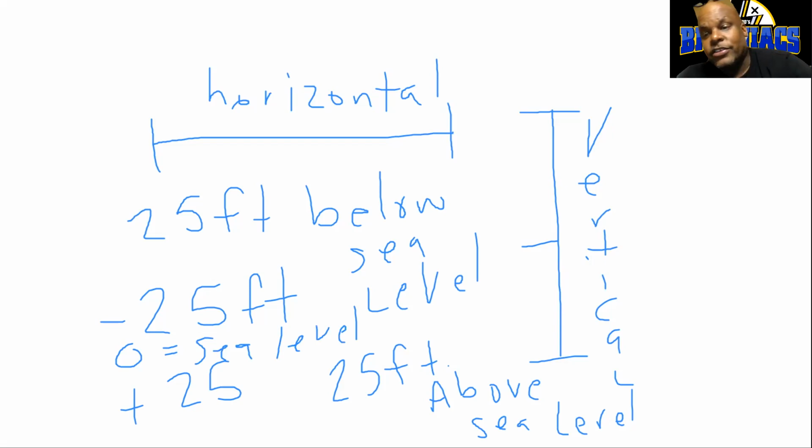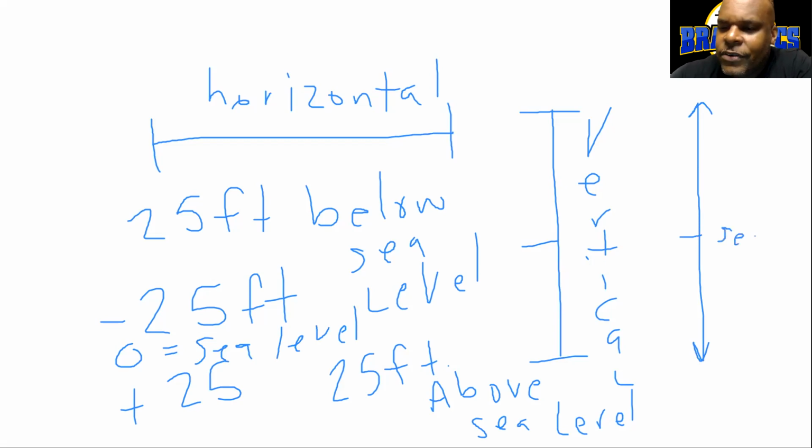Now, based on that, which number line would be the best suited to demonstrate below and above sea level? Awesome thinking. I think a vertical one would do it as well. So if we had a vertical number line, then this would represent sea level.